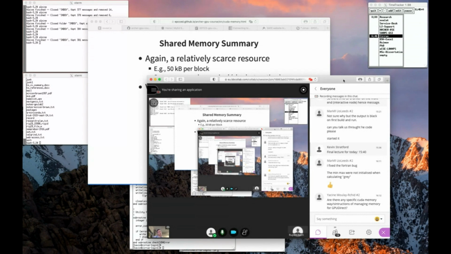So there's a question here. Are there any specific CUDA memory instructions for managed memory in the context of GPU Direct? So by GPU Direct here, this is a technology which allows direct communication.